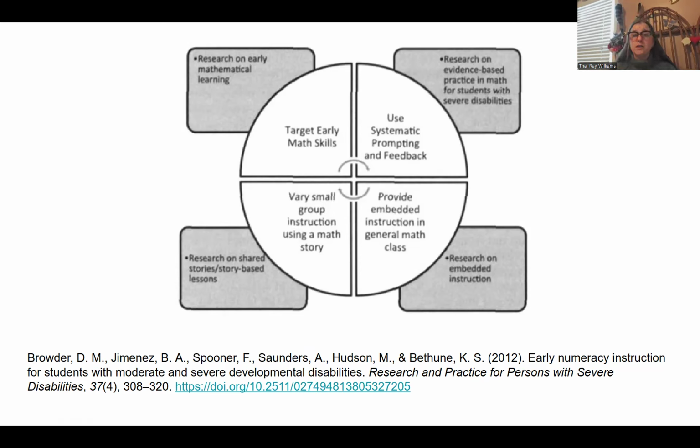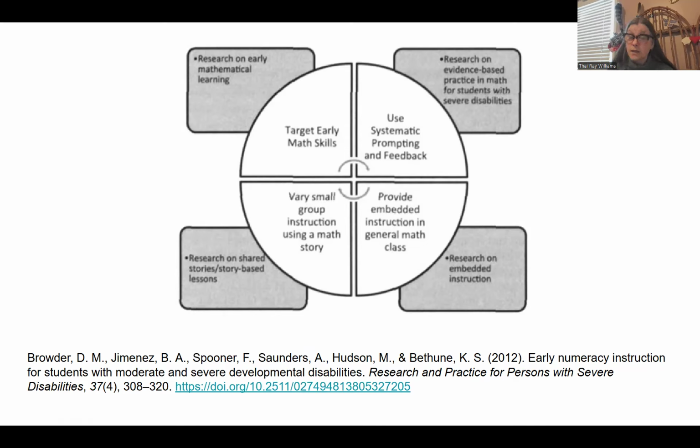We're always going to use systematic prompting and feedback, whether that feedback is as reinforcement for a correct response or whether that feedback is error correction for an incorrect or non-response. You're going to provide embedded instruction in a general math class. So if your students are in a general education math class, an inclusive math class, and you think to yourself, there's no way they could do math in an eighth grade class.